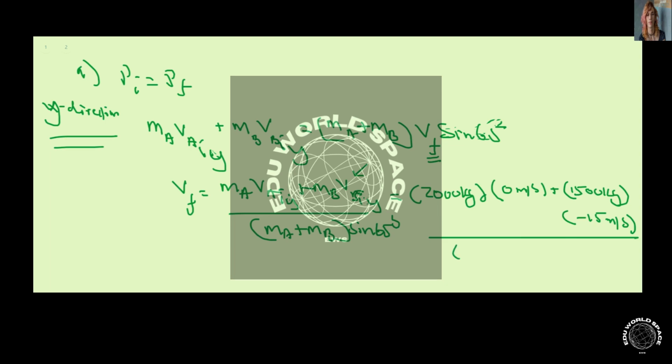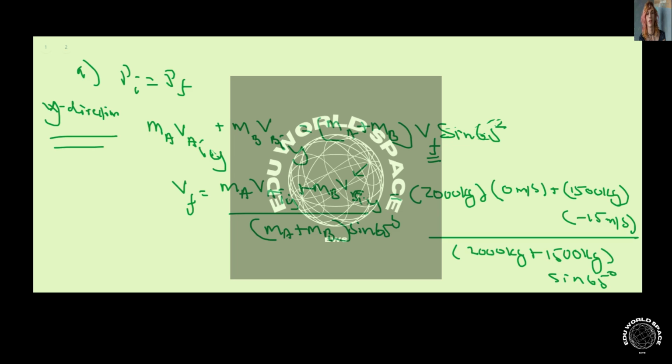And then the mass of A, 2,000 kilograms, plus the mass of B, which is 1,500 kilograms. Okay, and then times sine of 65.